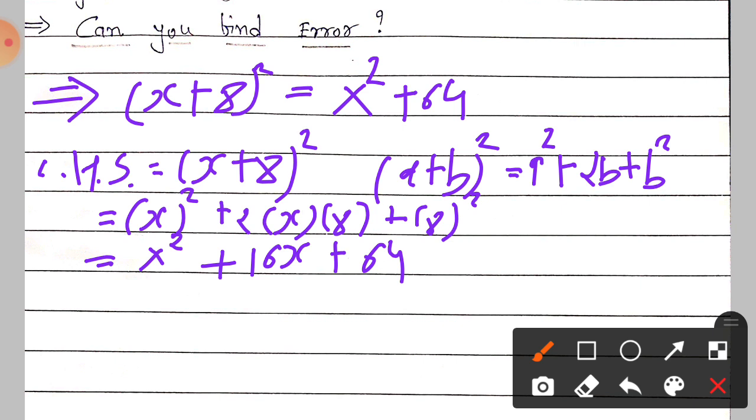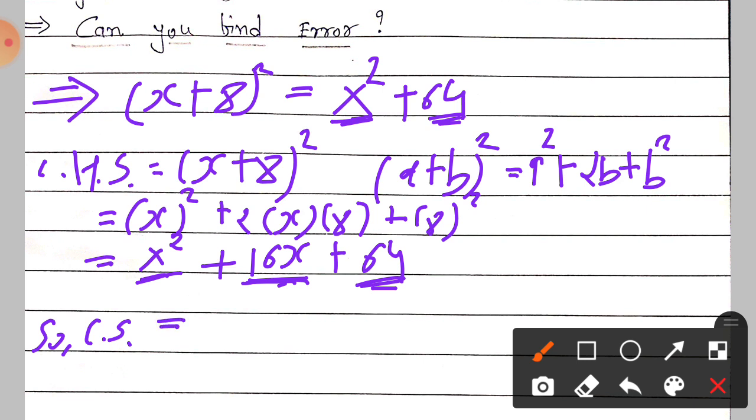So let's check it with the RHS. This is x square, correct, and 64, but this step is missing here. 16x is missing here, that is an error. So this is not a correct statement, so we correct it. So the correct statement, CS means what?